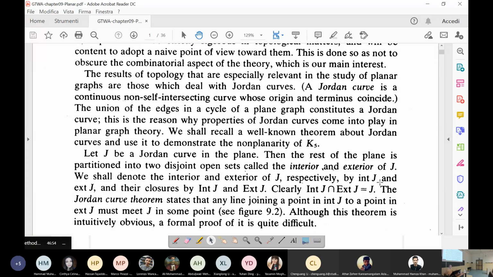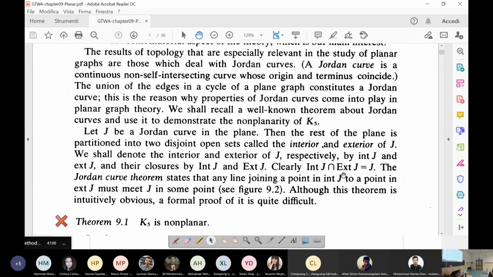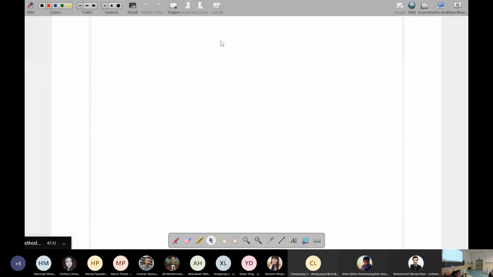There is no box which bounds it, okay? And they say this theorem is intuitively obvious, but the formal proof of it is quite difficult. And let me give a hint of this.